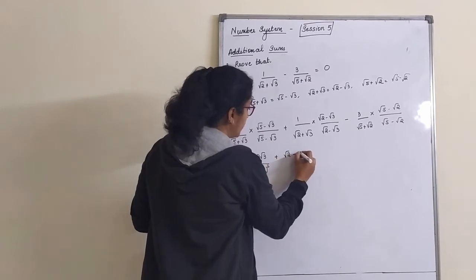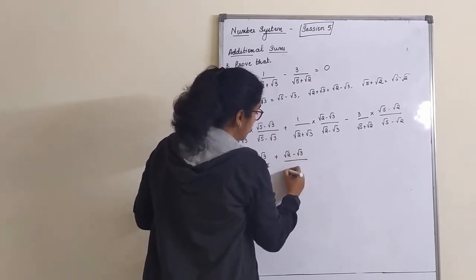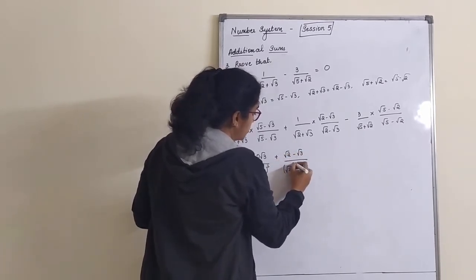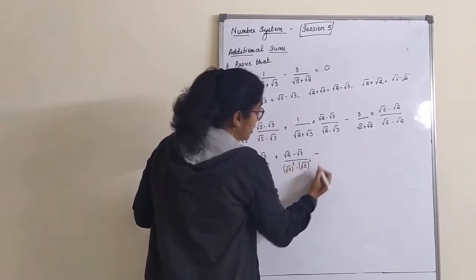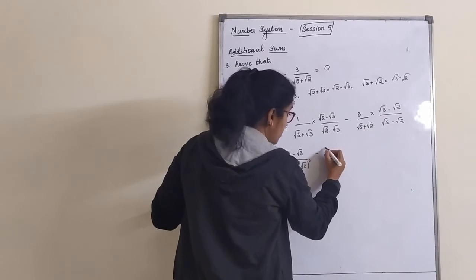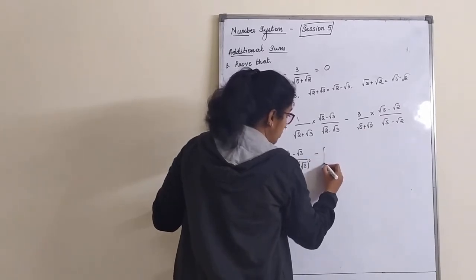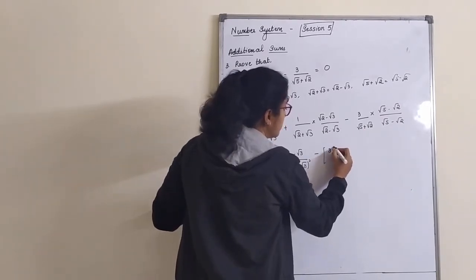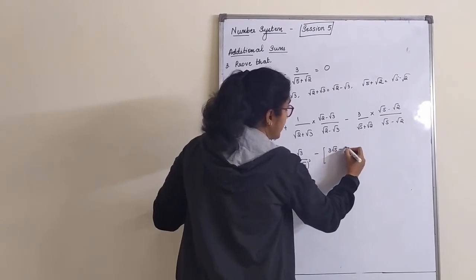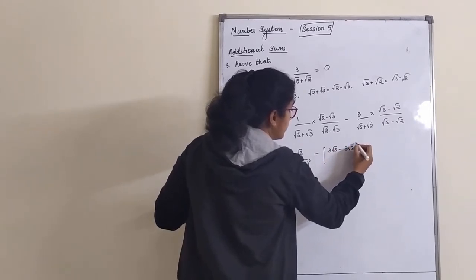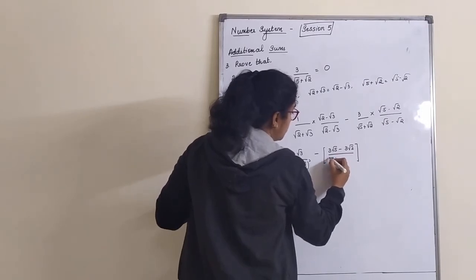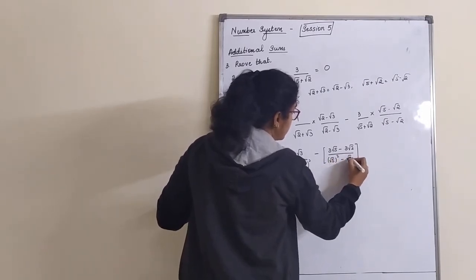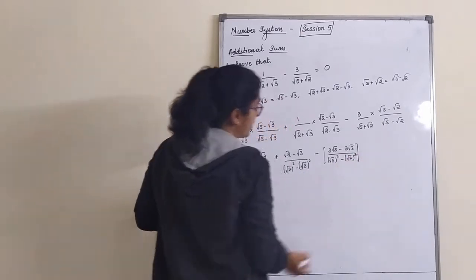So root 2 minus root 3 divided by root 2 square minus root 3 whole square, minus, if you want you can take bracket here for the whole thing. So this is 3 root 5 minus 3 root 2 divided by root 5 square minus root 2 square.